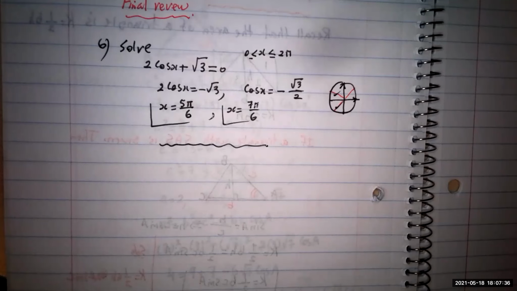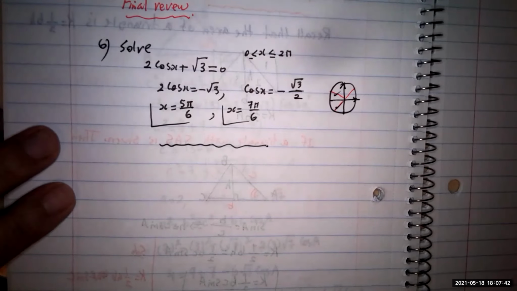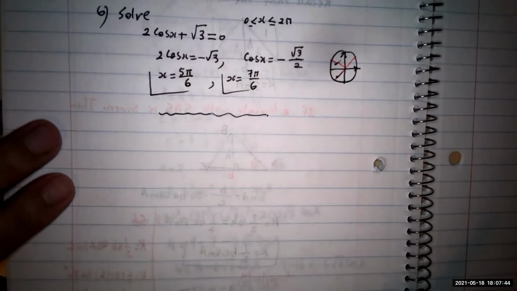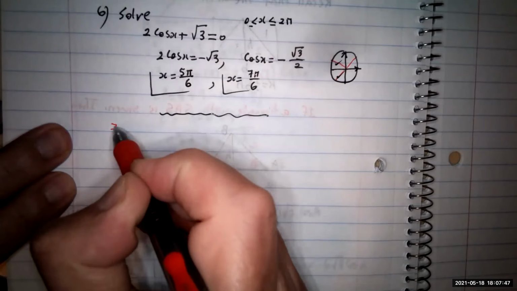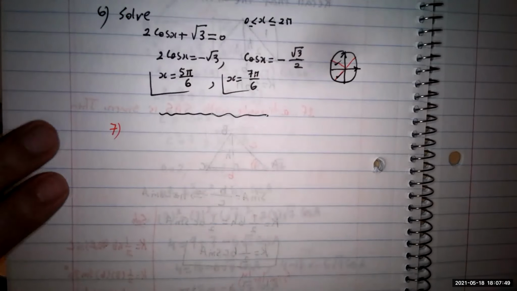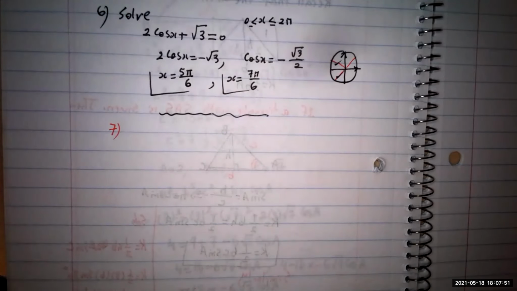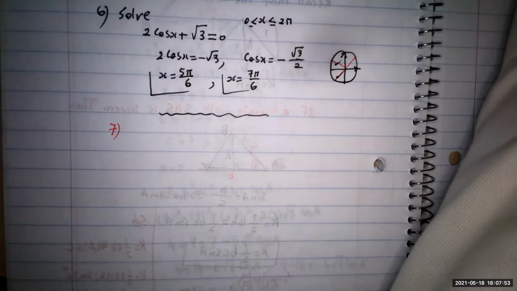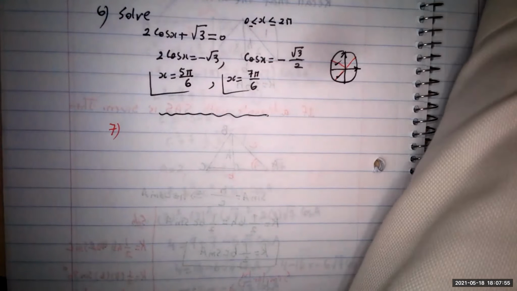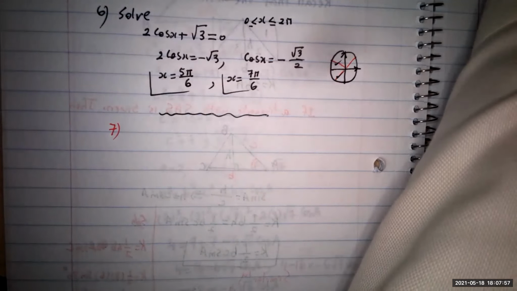But this is cosine. We may give you sine, tangent, secant. Just check the ones that you did on test 3. Any question? Number 7, they give one famous quadratic equation. So I just put over here 1 so that you know that one of these quadratics would be given to you.